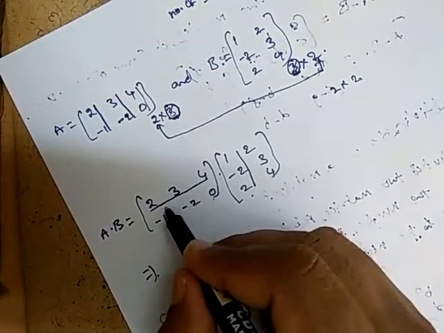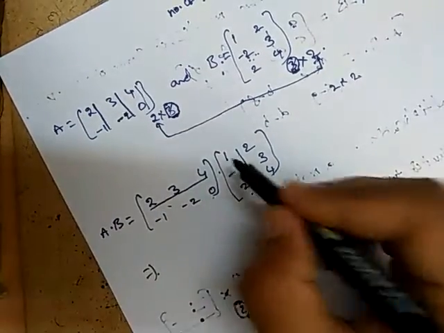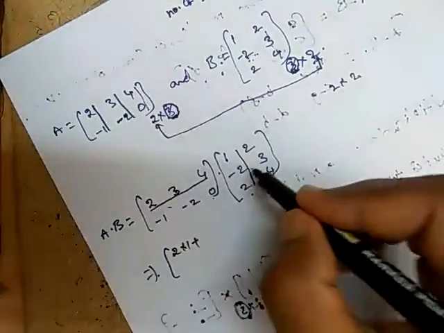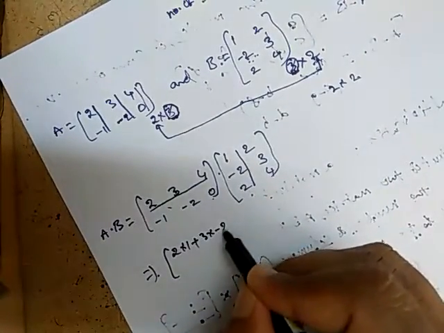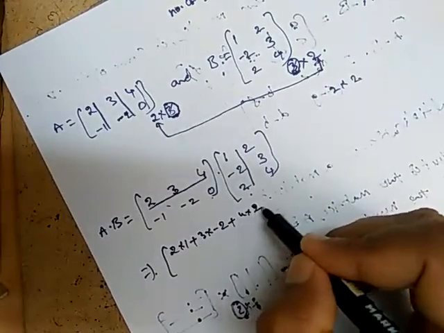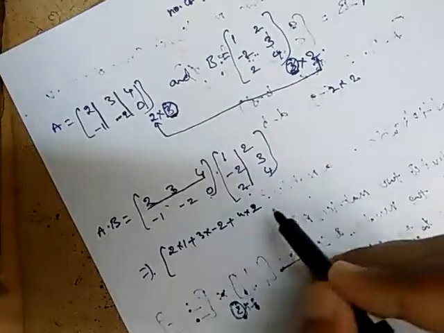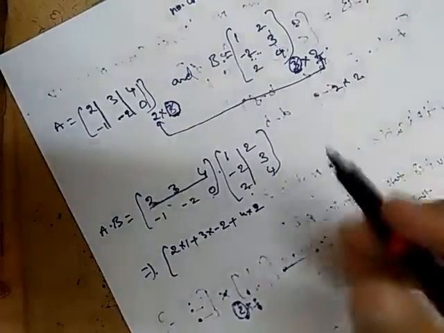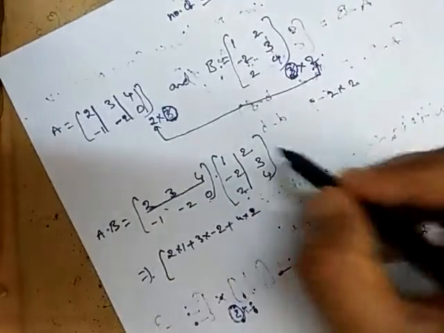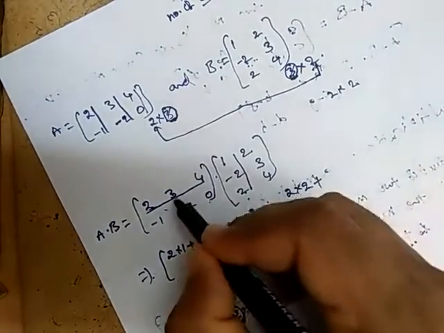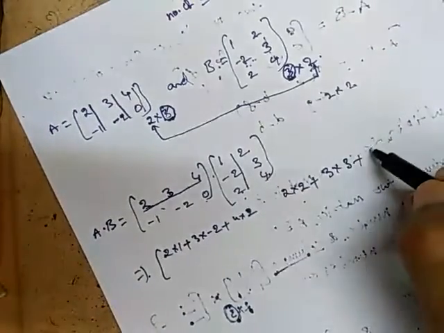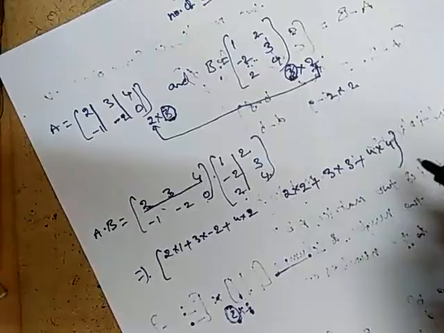Now multiply these two matrices. 2 into 1 plus 3 into minus 2 plus 4 into 2. This is the first row, first column, which is over. Next, first row, second column: 2 into 2 plus 3 into 3 plus 4 into 4. This is the second element.